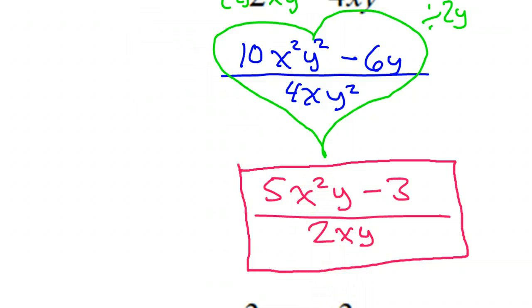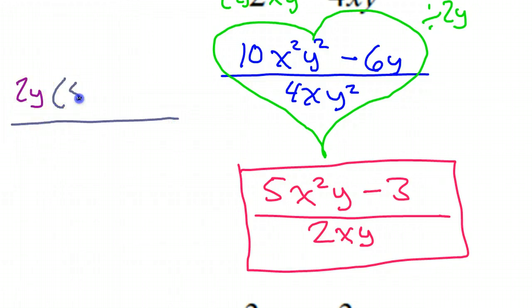Let's see. If you wanted to look at that as a GCF situation, what would you have gone? Yeah, the 2y. So you would have pulled out 2y like this, and you would have said, okay, 5x squared y minus 3, over 4xy squared.